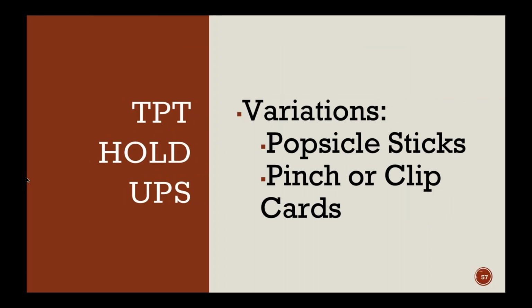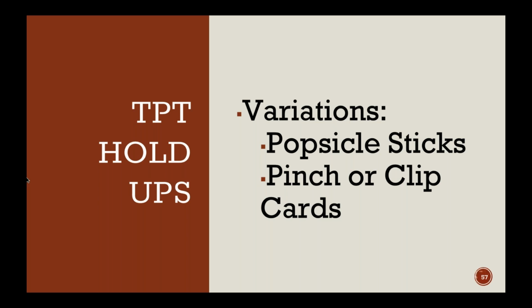Some variations you can think about on TPT holdups. As alternatives to cards, you could also use paper with answer choices or a template, or you might use popsicle sticks instead of index cards. So you'd have popsicle sticks with the same information, but they're much easier to store and for some of the smaller kids to handle.